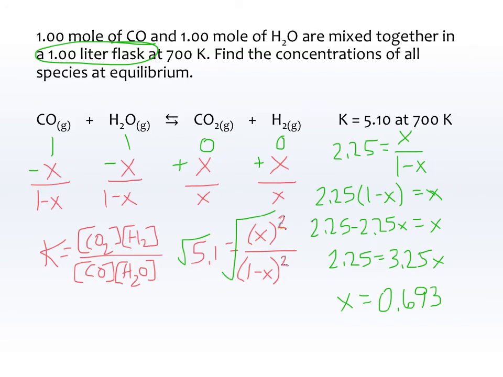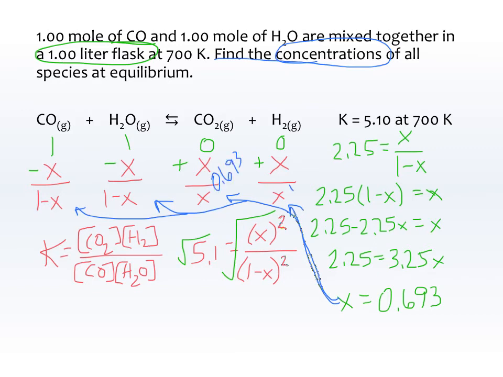And so I feel like I'm done. Except, wait a second. It doesn't say find X. It says find the concentrations of all the species at equilibrium. So now, since I have X, I can plug that in to all these places within my ICE box. So the concentration of CO2 and H2, right here, is just going to be 0.693 and 0.693.